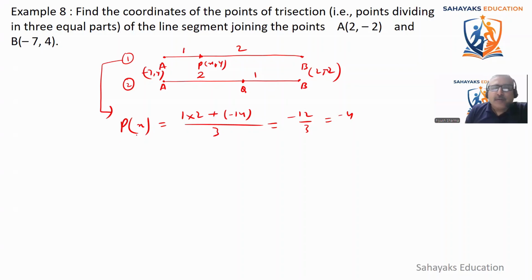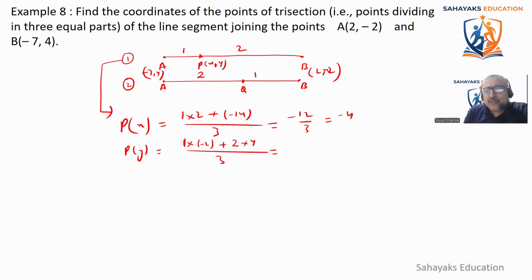Okay. And the Y coordinate of P will be M1 Y1. So M1 is 1 into Y1 is minus 2, plus M2 Y2, that is 2 into 4, divided by M1 plus M2, that is 3.